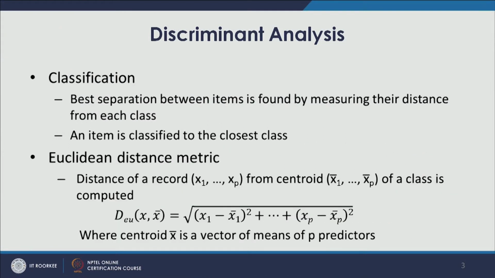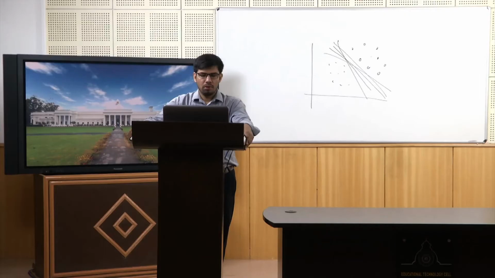So let's move forward. Regarding classification, a few more points are there. For example, best separation between items is found by measuring their distance from each class. So for different items that are there, how can we separate them into their respective groups?